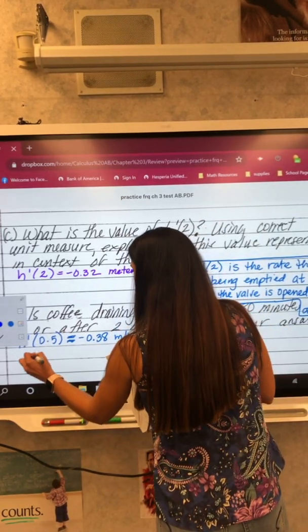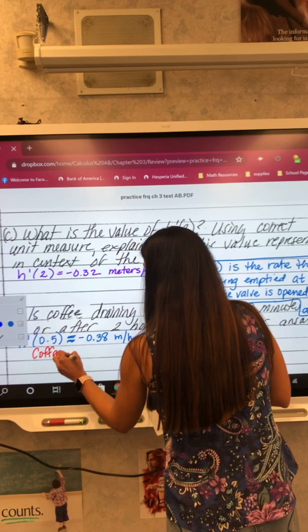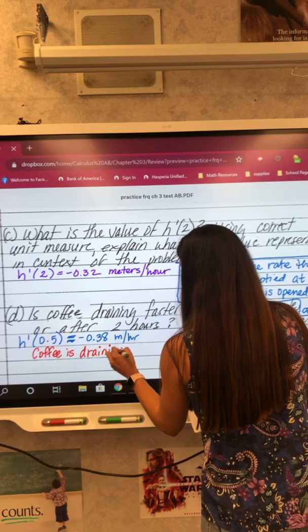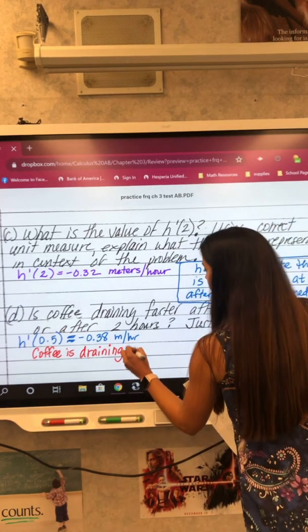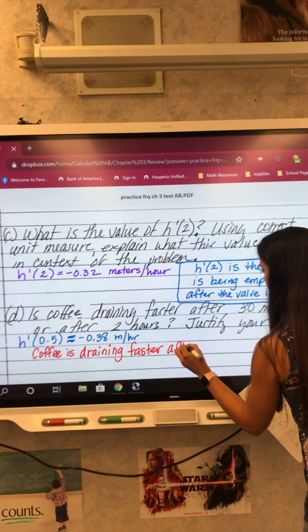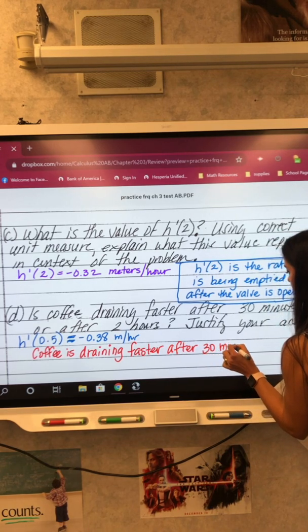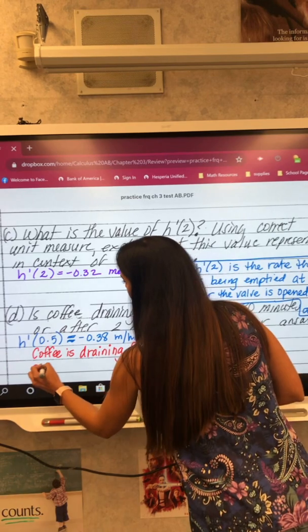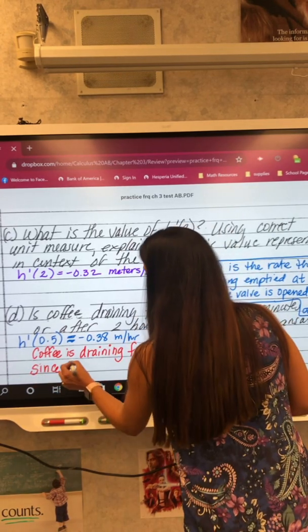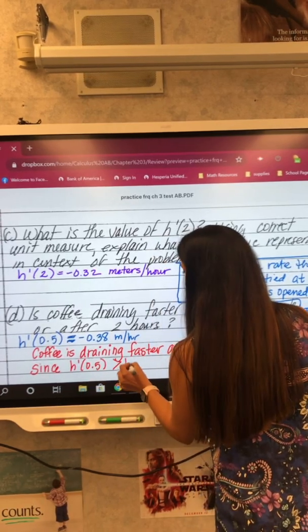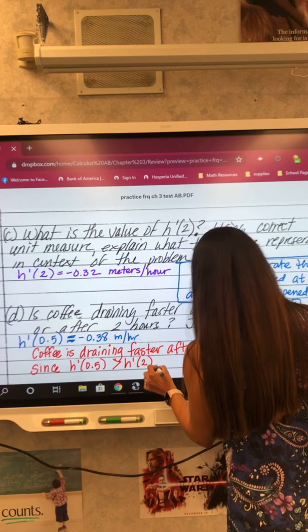I'm going to say coffee is draining faster after 30 minutes since h prime of 0.5 is greater than h prime of 2. I don't know why it's hard for me to get the I's in there. I think it can't keep up with how fast I'm writing.